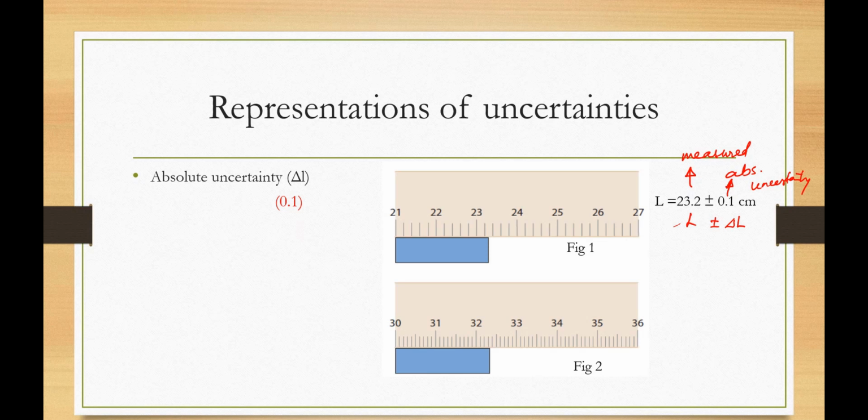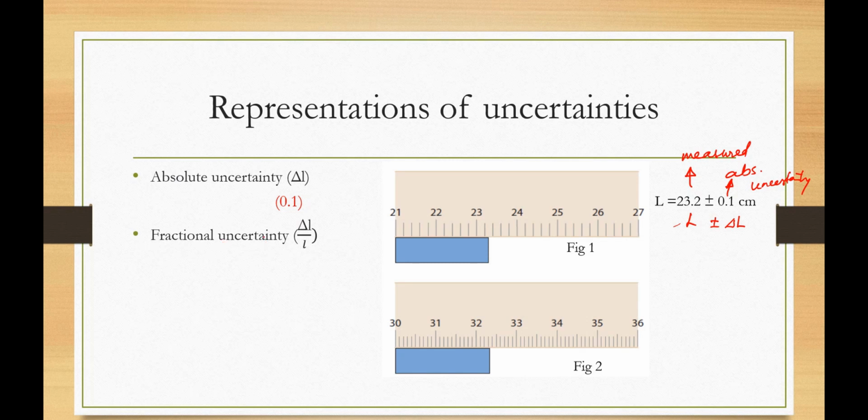So, from this information, we can find the contribution of this uncertainty. That is, what fraction of the measured value is the uncertainty, which we call fractional uncertainty.